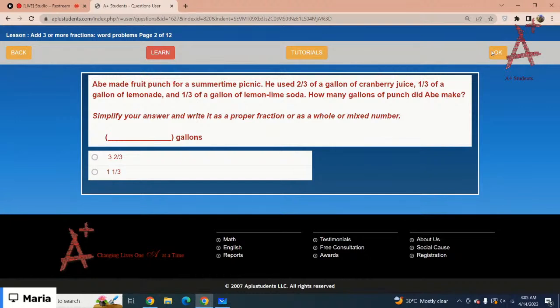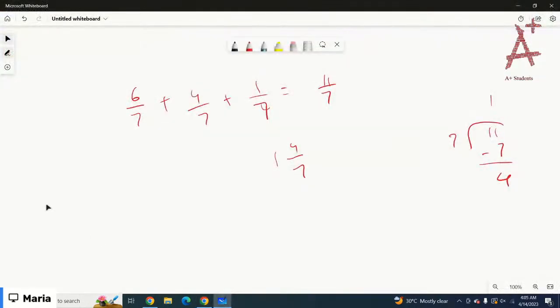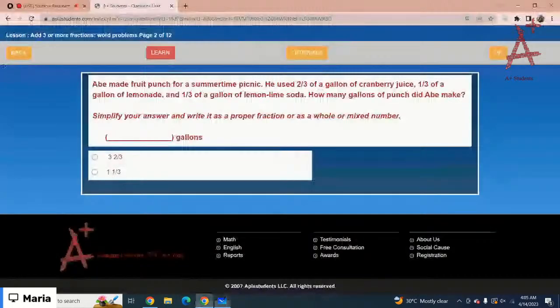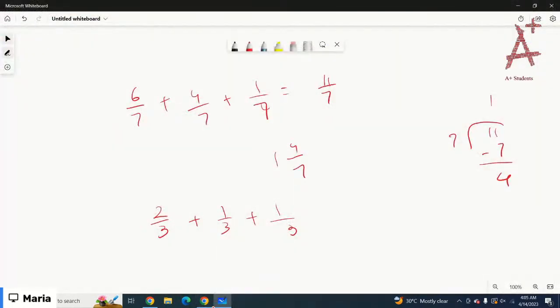So you have to add two-thirds, one-third, and one-third. Just add them. They all have like denominators, so adding them is very easy. Got it? 2/3, 1/3, and 1/3. So it would be 2 and 1, 3, and 1, 4/3. Just divide 4 by 3. So it would be 3 times 1 is 3, and here you are left with 1. So it would be 1 whole 1/3.